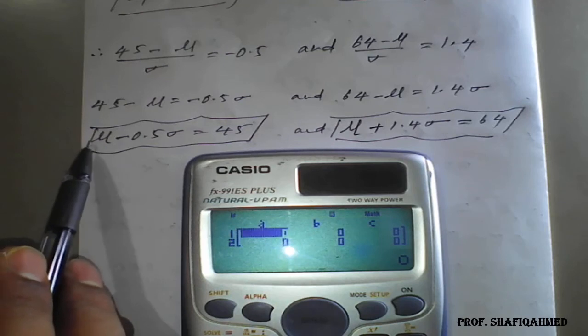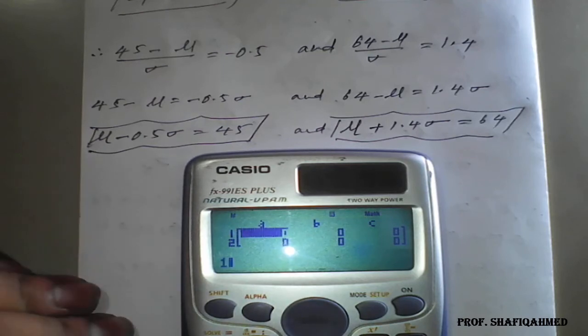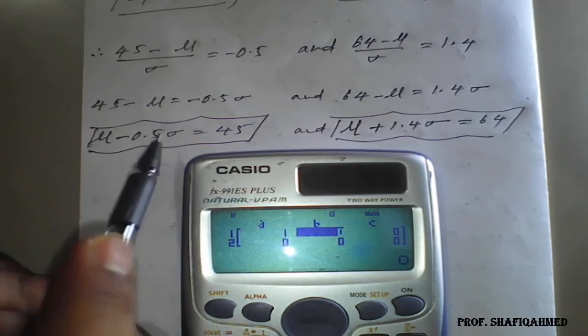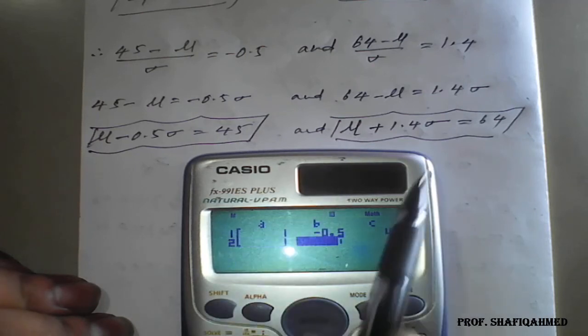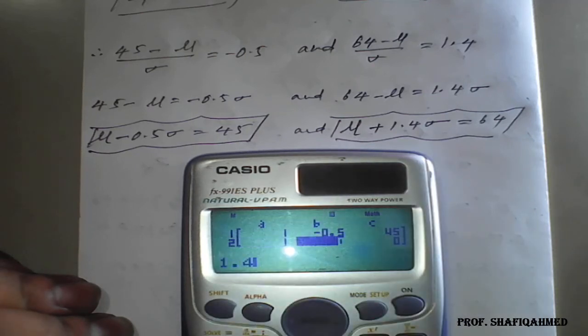So the coefficient of mu is 1, press 1, equal, coefficient of rho is minus 0.5, equal, constant is 45, equal. Next, the coefficient of mu is 1, equal, coefficient of rho is 1.4, equal, constant is 64.